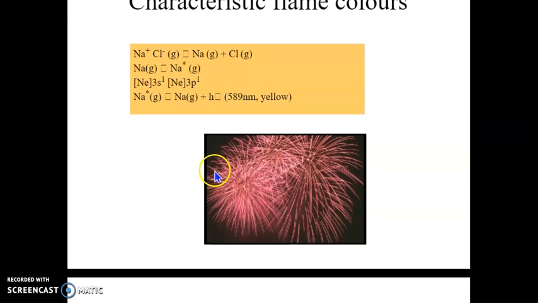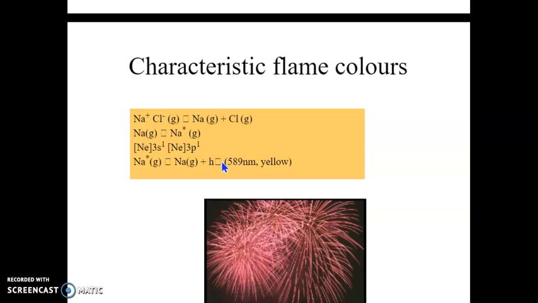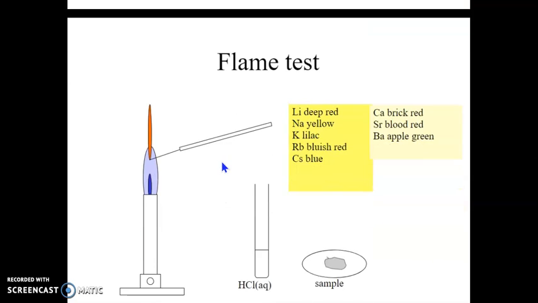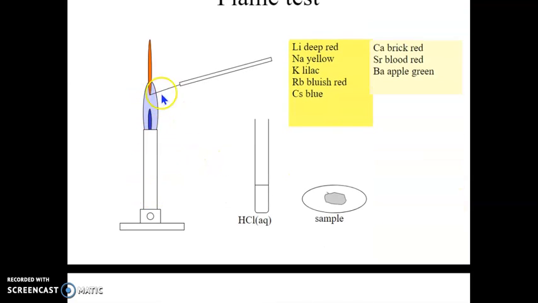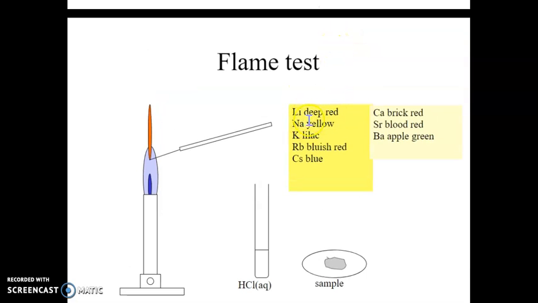Now the next property is flame color. All the alkali and alkaline earth elements show characteristic flame colors. For example, here is the burner, here is the flame, and each compound shows a different color. Lithium shows a deep red color, sodium shows yellow, potassium shows lilac, rubidium shows bluish red, and cesium shows blue.